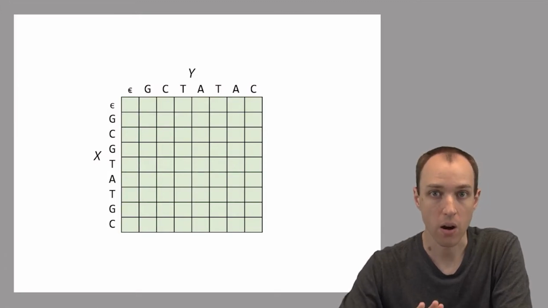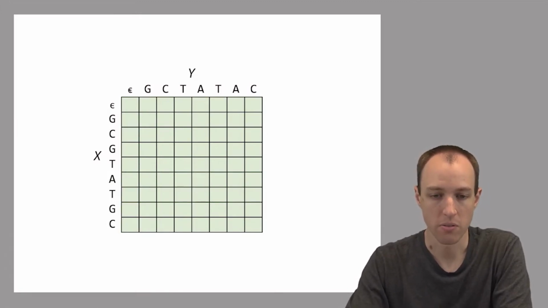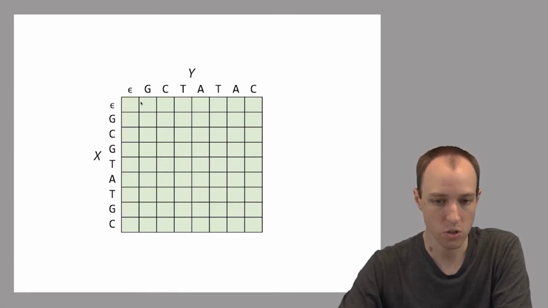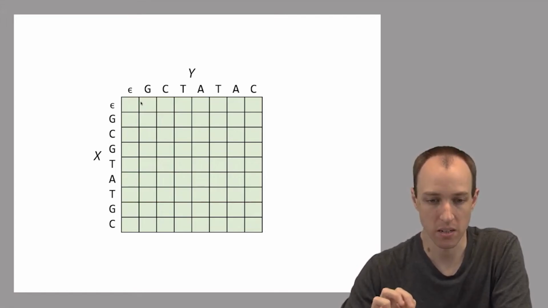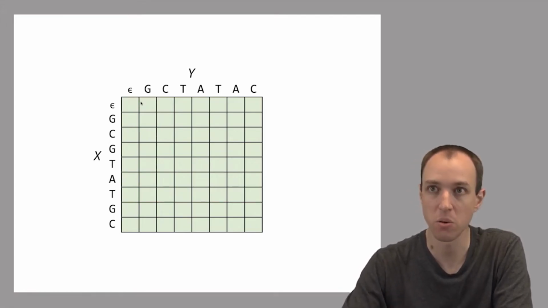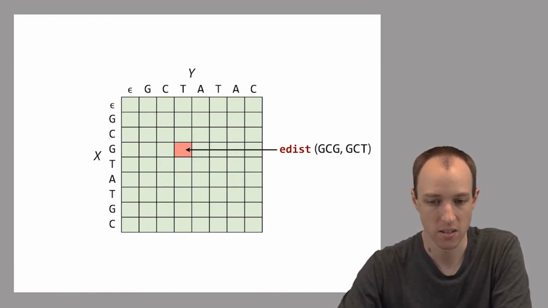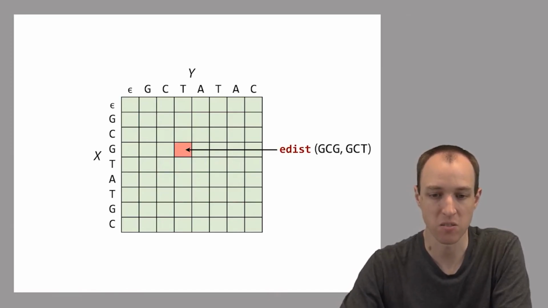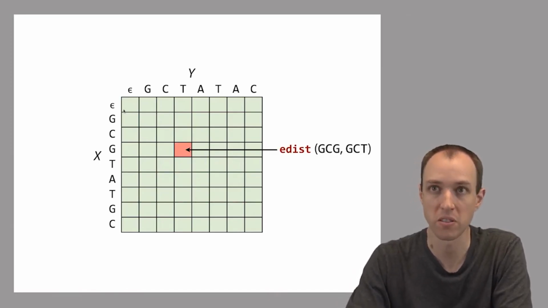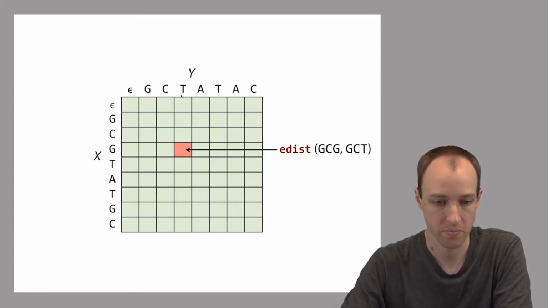Over the course of our edit distance algorithm that we're going to write down, we're going to fill in every element of this matrix, and we're going to fill in each element with the edit distance between the corresponding prefixes. So for example, the value that will go in this element here is going to be the edit distance between the corresponding prefix of x, which is GCG, and the corresponding prefix of y, which is GCT.